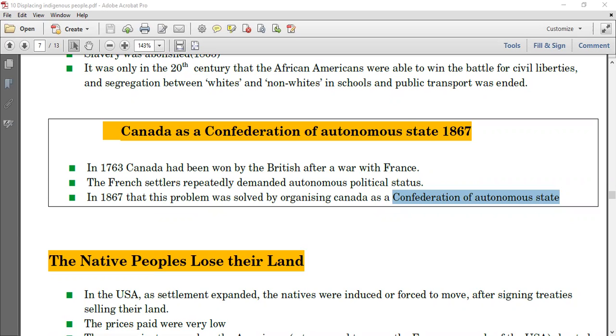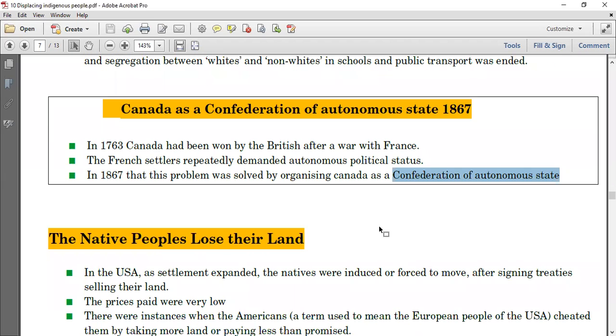So confederations are basically voluntary associations of independent states that, to secure some common purpose, agree to certain limitations on their freedom of action, and they establish some joint machinery of consultation or deliberation.